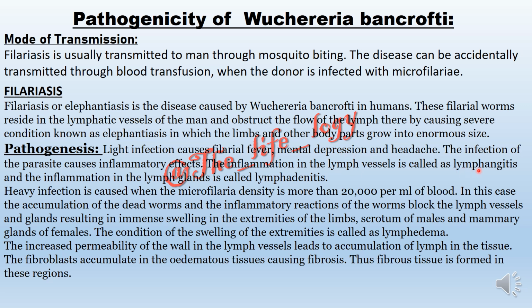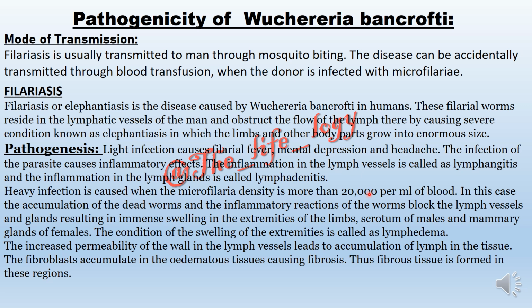The infection of the parasite causes inflammatory effects. The inflammation in the lymph vessel is called lymphangitis, and the inflammation in the lymphatic gland is known as lymphadenitis, right?